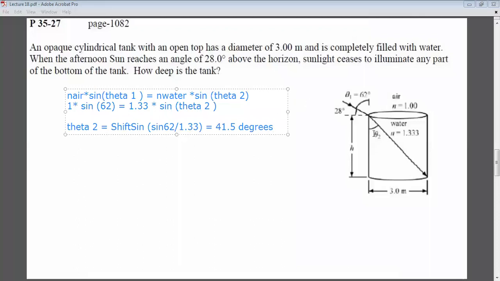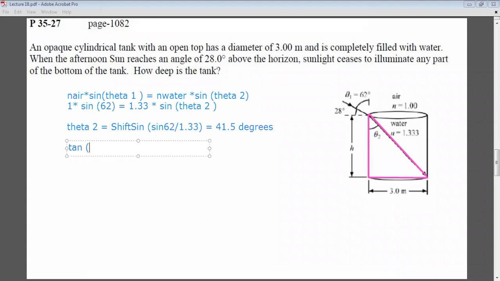So I got this angle. Now if I look at this triangle, I have this side, which is the opposite, and I need the adjacent. So I have to take the tangent.